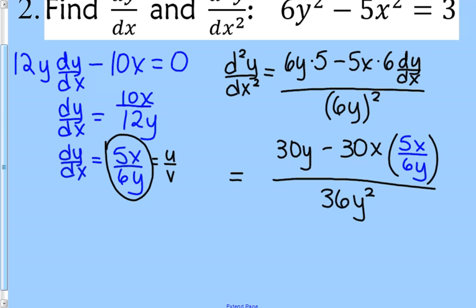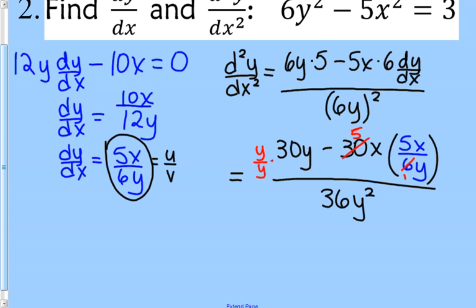But let me get rid of the 6 because 6 goes into 6 one time, and then 6 goes into 30 5 times. So I got rid of the 6. Yay. Now y. I got to do something about that y. What I'm going to do is give the term on the left the same denominator, right? This is just all algebra. And we do that by multiplying it by y over y.